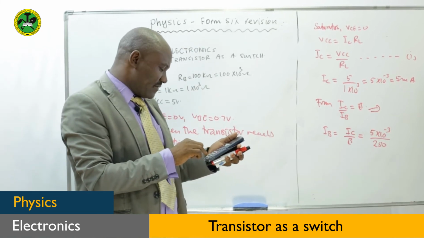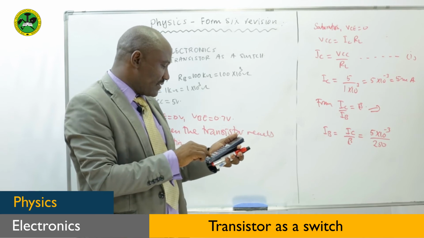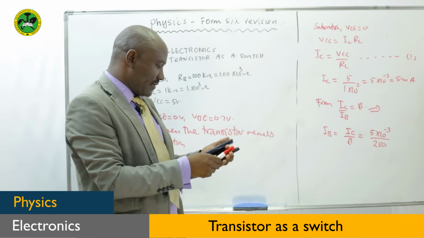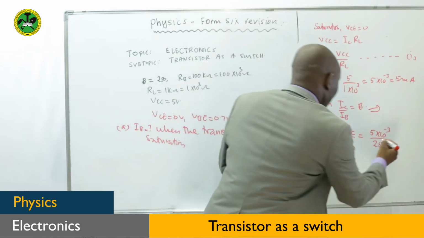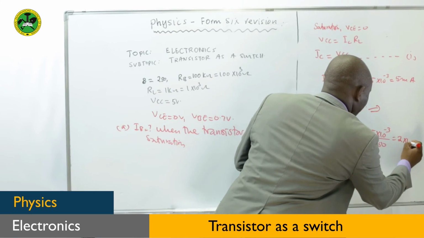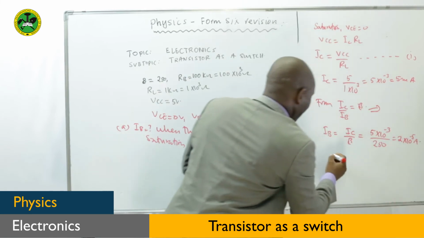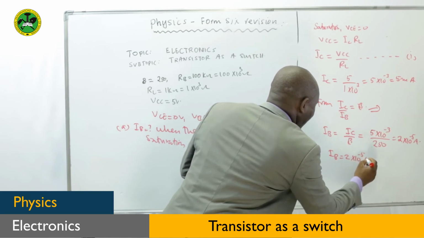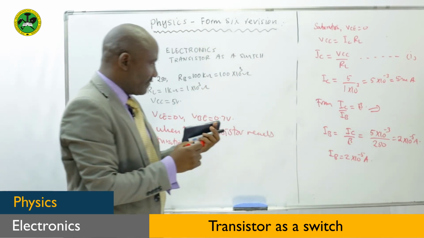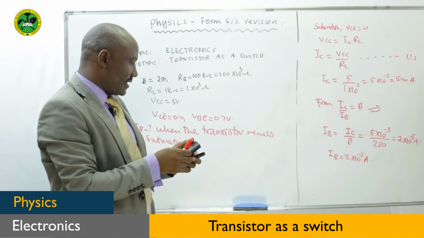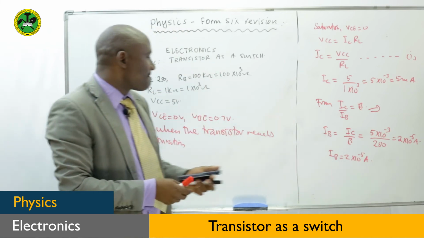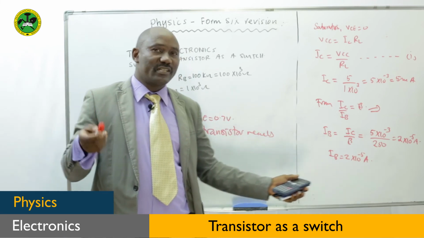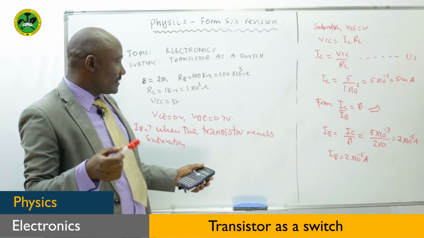So 5 e power negative 3, divided by 250. You get 2 times 10 negative 5 ampere. So the base current equals 2 times 10 negative 5 ampere. If you divide correctly, you get that value. So this is the minimum base current at which the transistor will start to saturate.